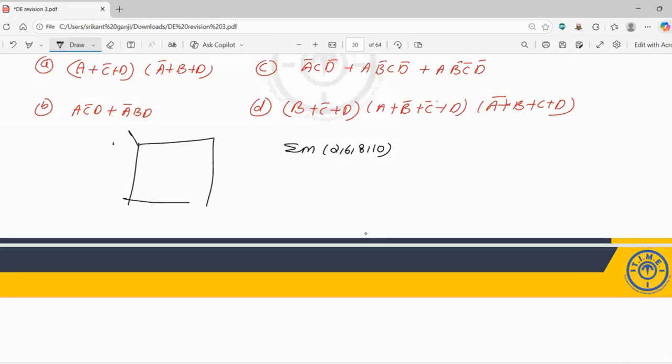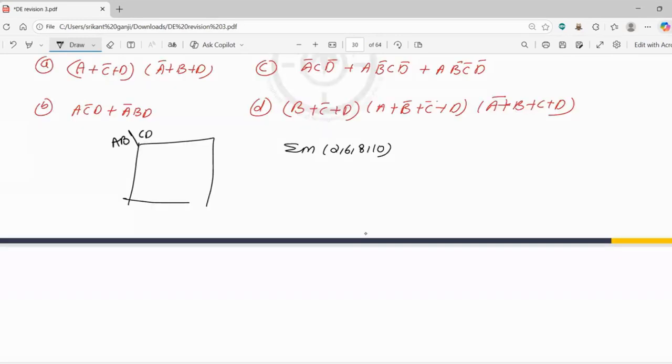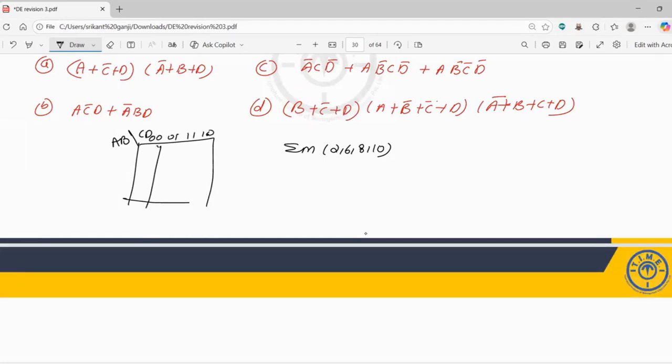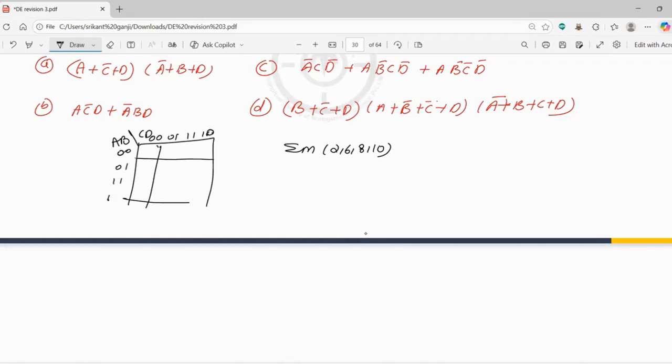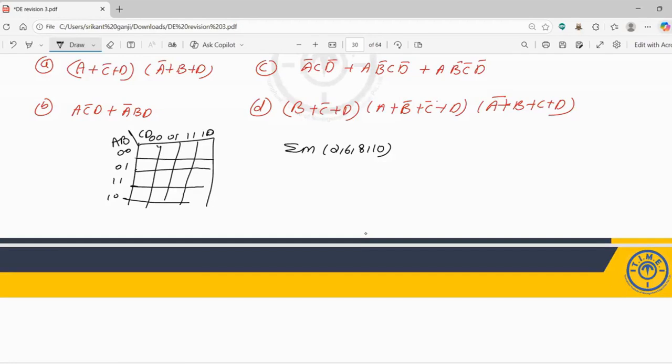This is AB here, and this is going to be 0, CD, 0, 0, 0, 1, 1, 1, 1, 0. This is also 0, 0, 0, 1, 1, 1, 1, 0. And these two values are 1 here, and here it is 1, here it is also 1.